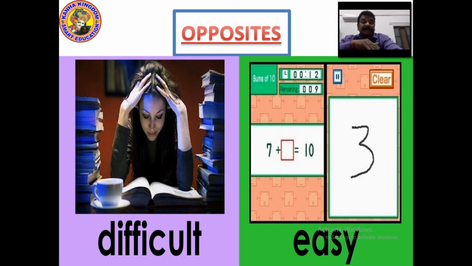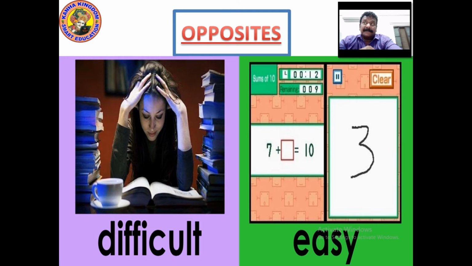How do you find out the answer? To reach 10 after 7, how do you count? 7, 8, 9, 10. How much is this? 3. 7 plus 3 is 10. It's very easy.